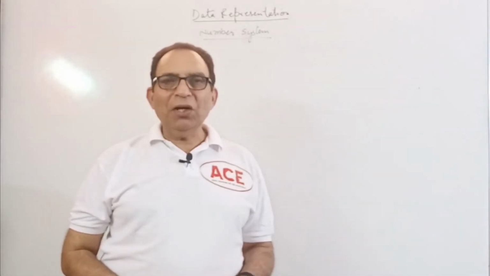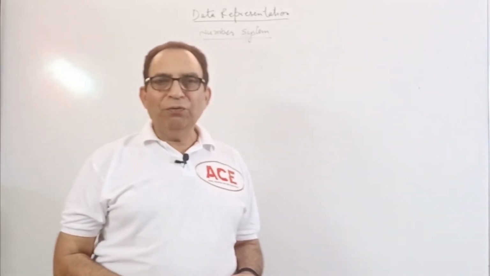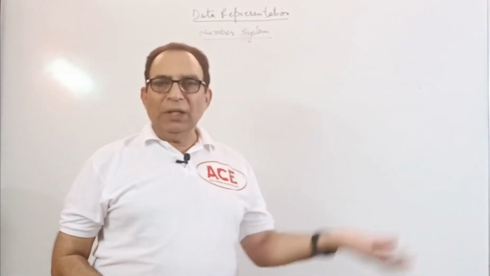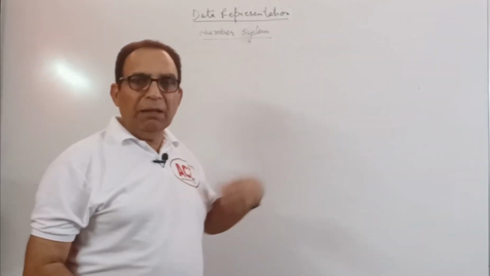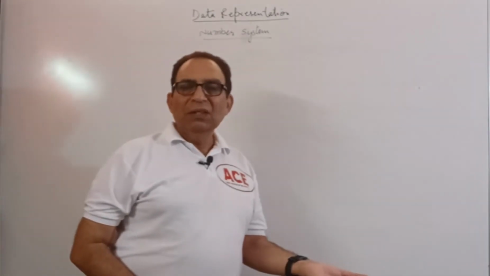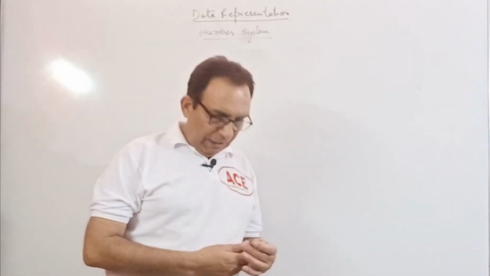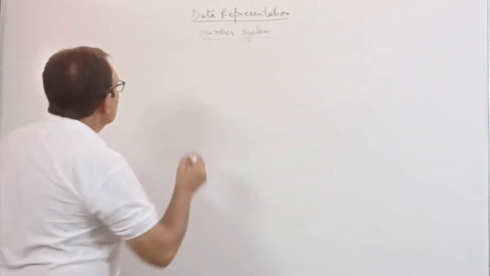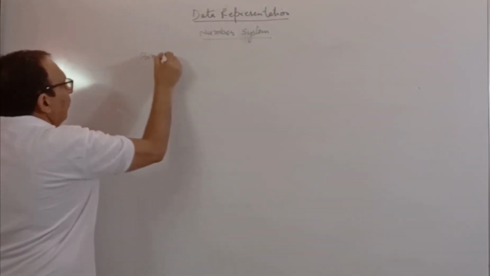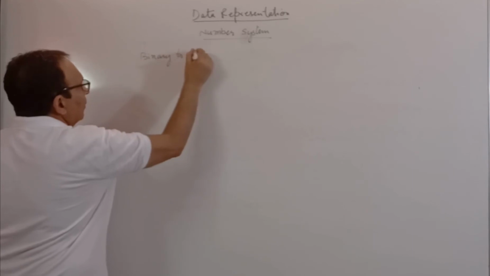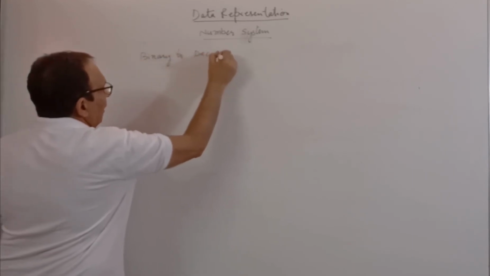Now we are going to talk about conversion of one system into the other. A number in one number system can be converted into another number system. For example, we take the case of conversion from binary to decimal.